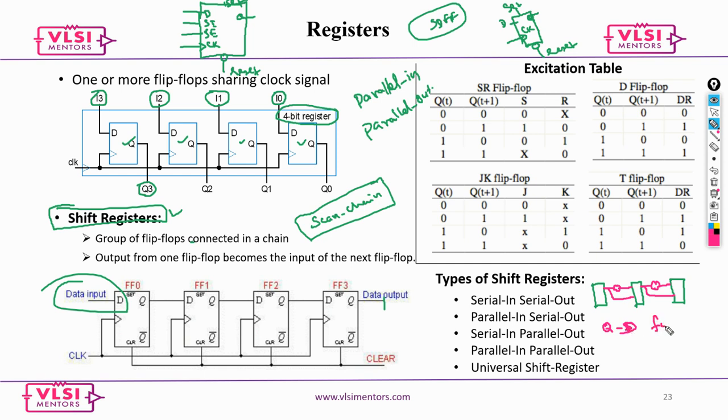Q2D is always known as the functional path, and Q2SI is always the scan path. The shift register is basically Q2SI. Anything that you see with Q2SI, we call a scan path, and that is basically our scan chain.